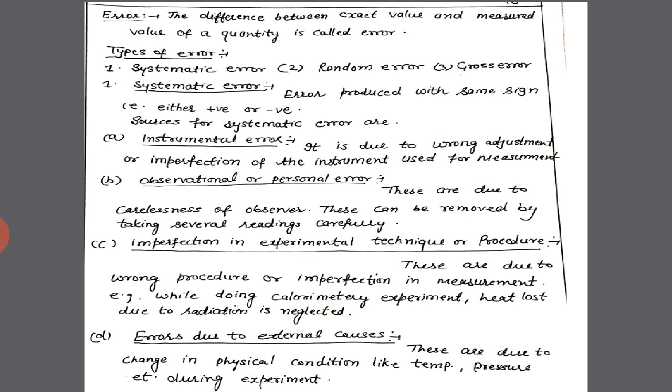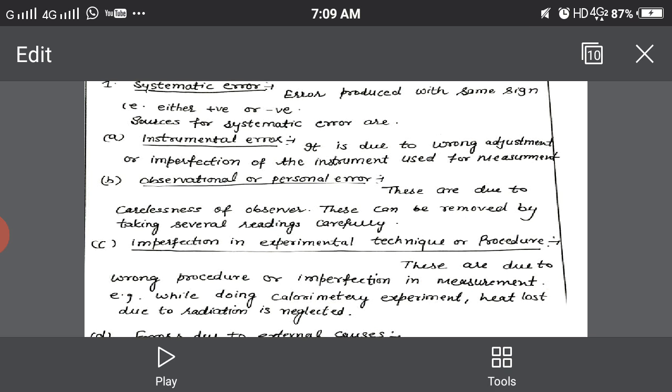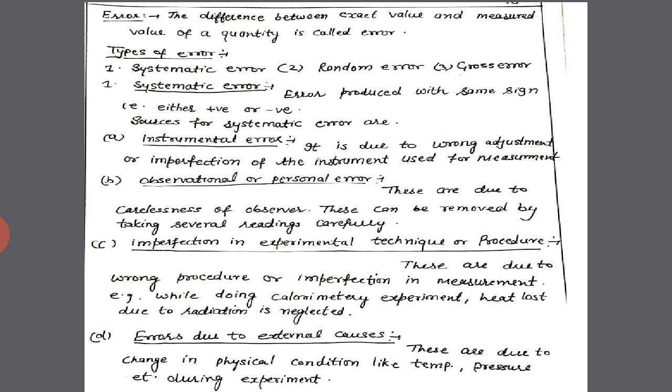For example, if you try to measure your weight and the needle does not start at 0, it will show your weight plus, or if it is already beyond 0, it can show minus also. So the instrumental error is the imperfection of the instrument only.